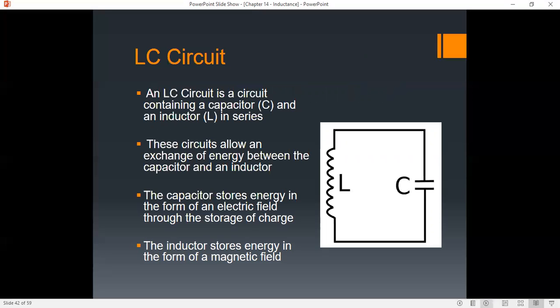In fact, we're going to even leave off a source of EMF and sort of wave our hands and say, magically, we're going to get a moving current and we're going to have energy in there. In real world examples, an LC circuit might be an oscillating circuit, which is used in an old radio. And there the energy is introduced from an antenna, which is actually connected to the inductor.